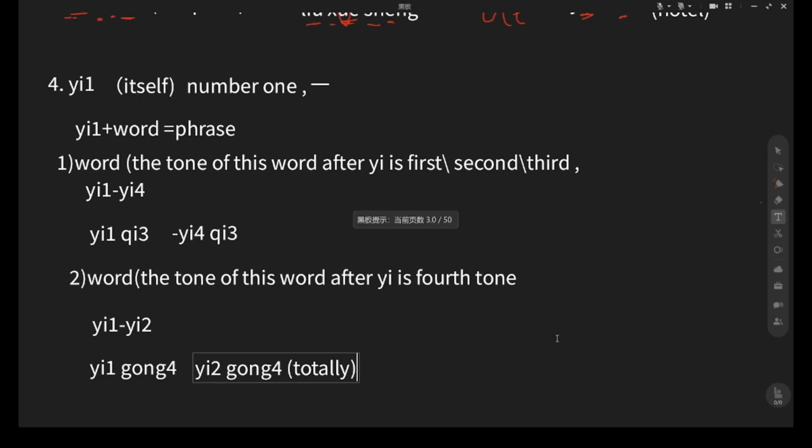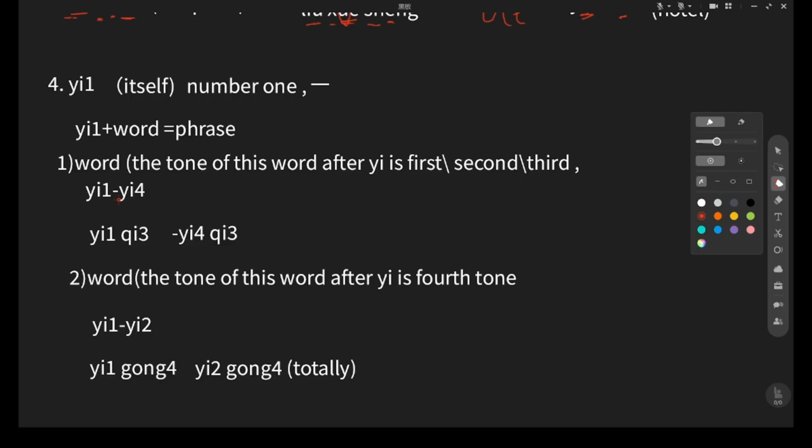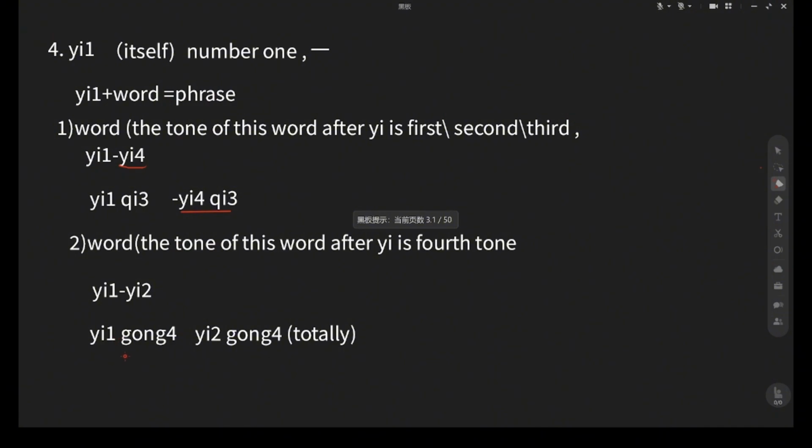I say it again. The words after E, if the tone is the first, second, third tone, then this E we change to the fourth tone, okay? We don't read Yīxià, we read Yìxià. Then if the tone of the word after E is fourth tone, like 一共, we don't read it in the first tone, we read it Yígòng, we change to the second tone, okay?